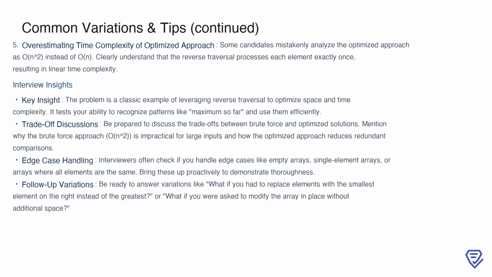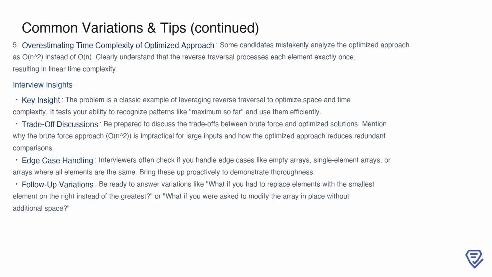One mistake candidates often make is overestimating the time complexity of the optimized approach, thinking it's O(n squared) instead of O(n). It's important to understand that the reverse traversal processes each element exactly once, resulting in linear time complexity. From an interview perspective, this problem is a great example of how reverse traversal can be used to optimize both space and time efficiency.